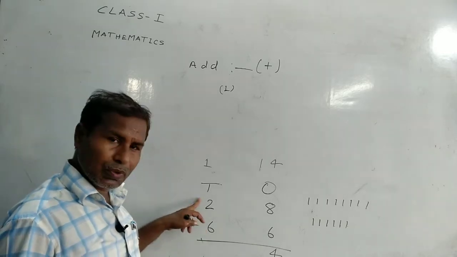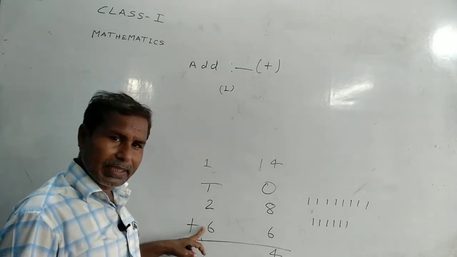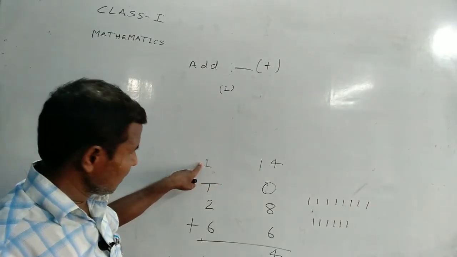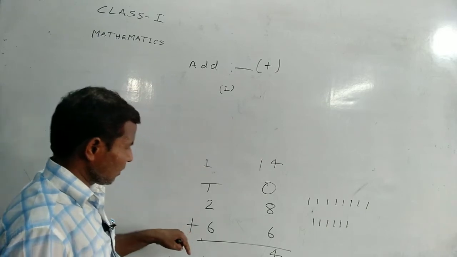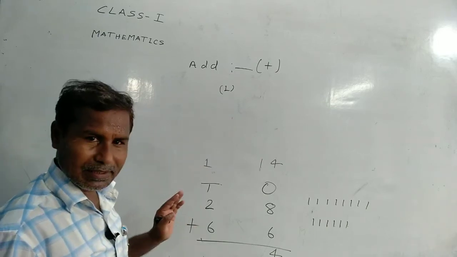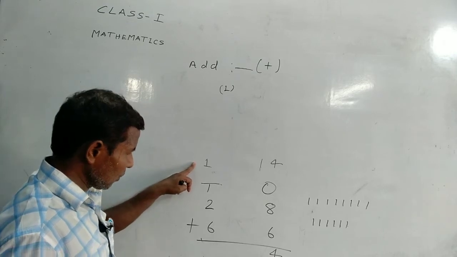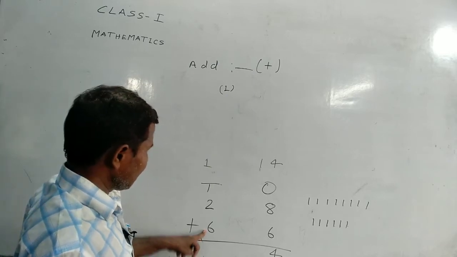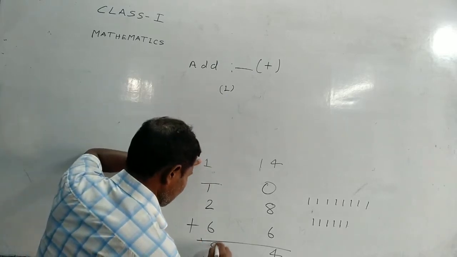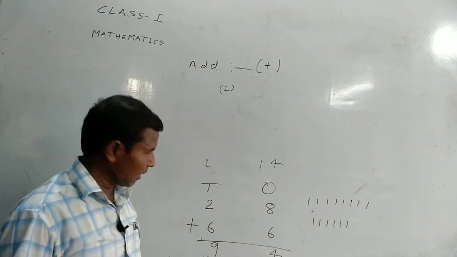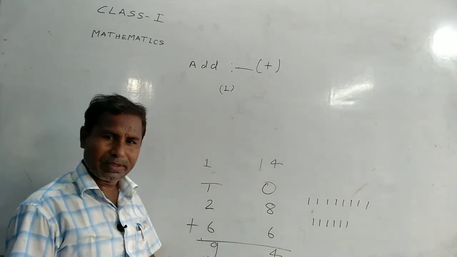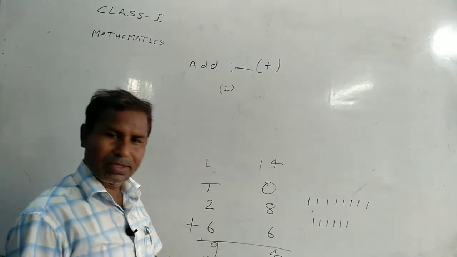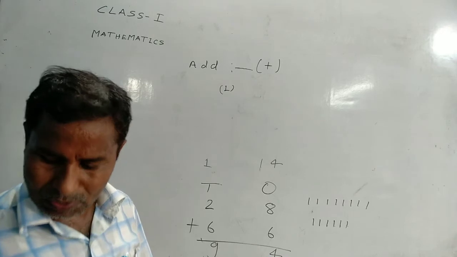The sum of 2 and 6 is 8, and rest number is 1 here. 8 plus 1 is 9. Now the sum of 28 and 66 is 94.